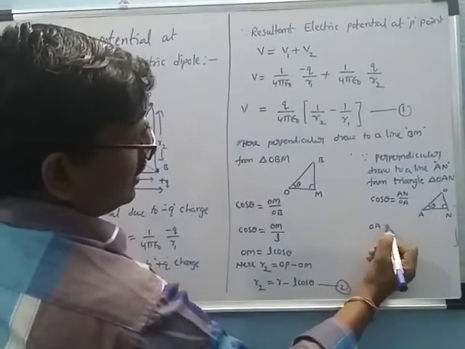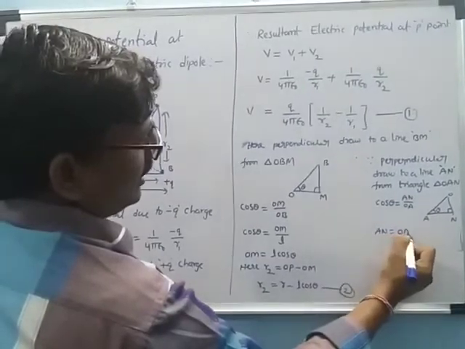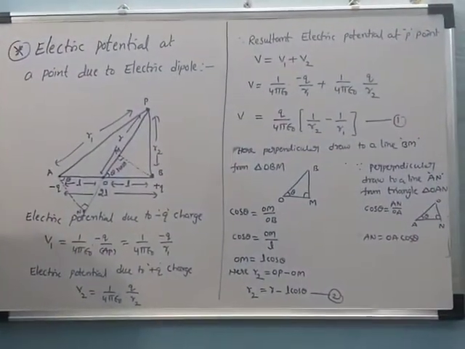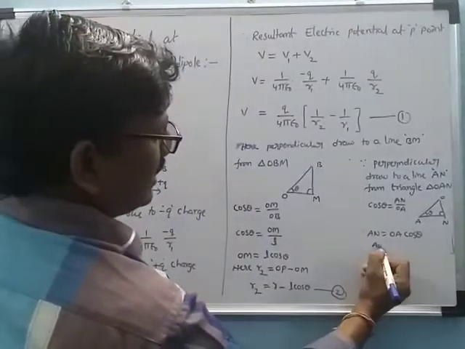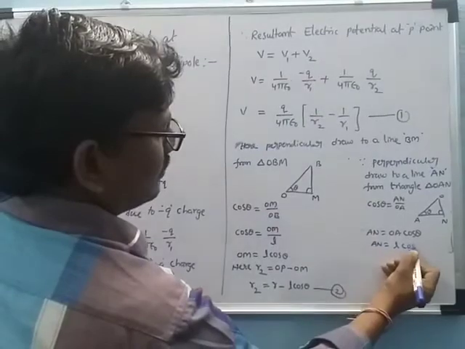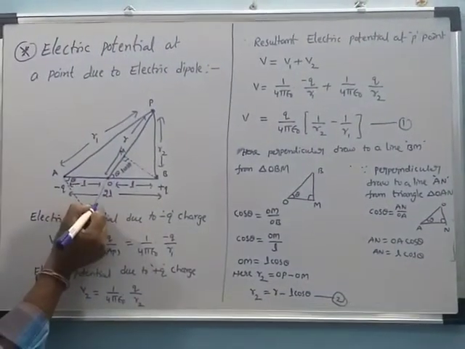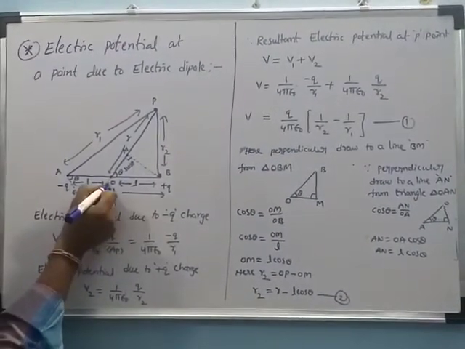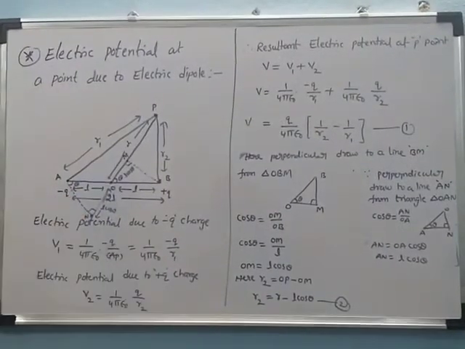Then AN is equal to OA into cos theta. O to A, how much is the distance? L. So AN is equal to L cos theta. This is the distance A to N.